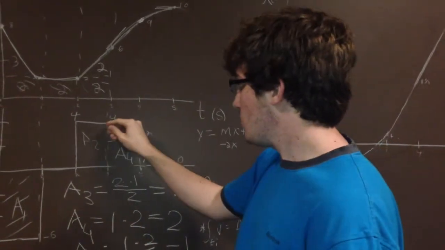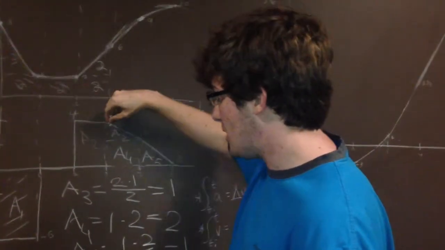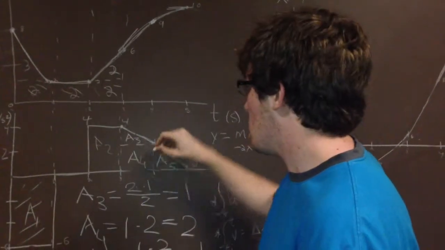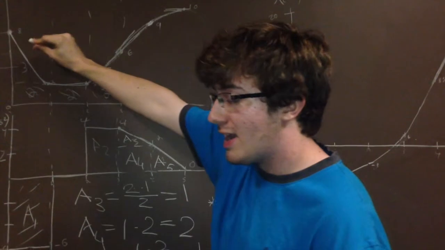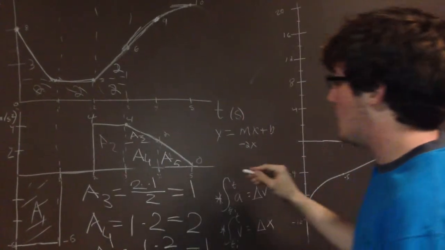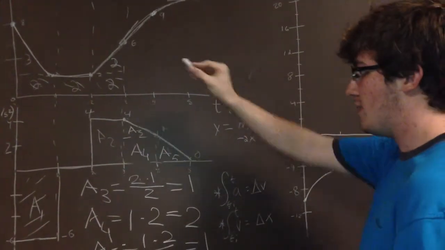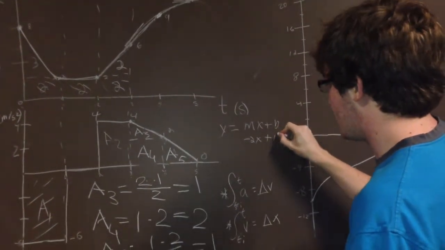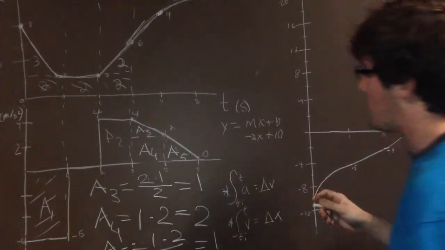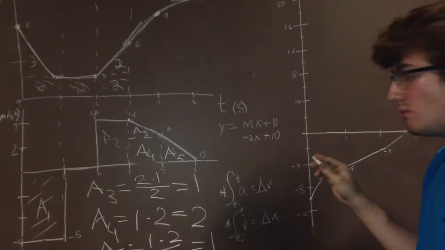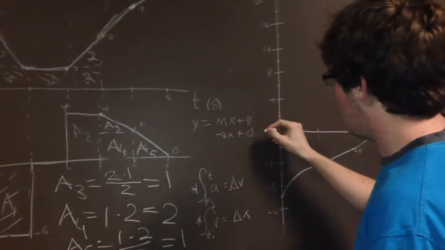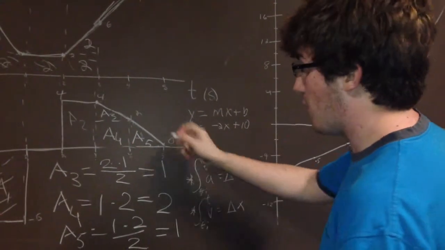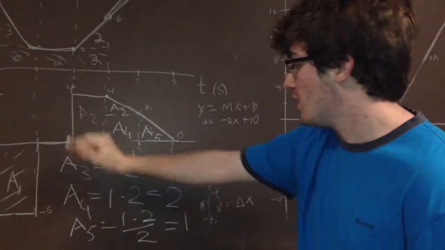If our graph still extended, we would find out that this line will hit 10 meters per second squared on the acceleration axis. So this is our acceleration, negative 2x plus 10, from 3 to 5 seconds, not anywhere else.